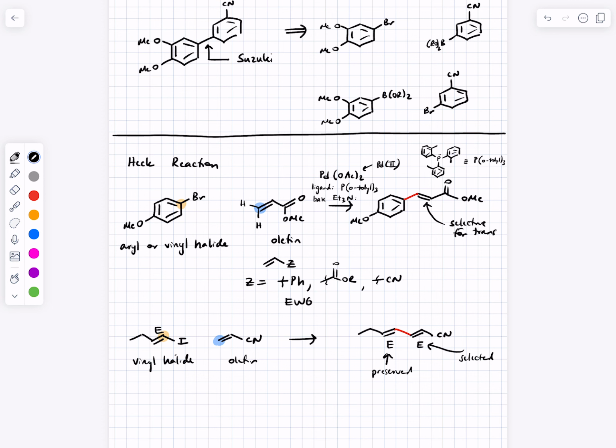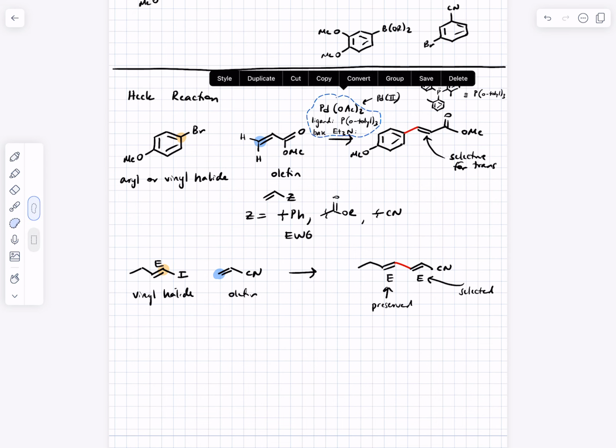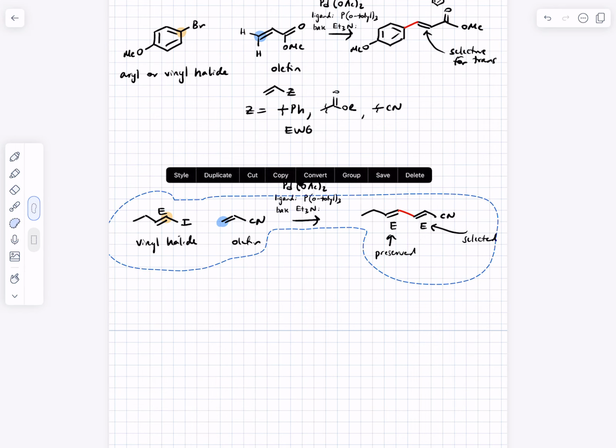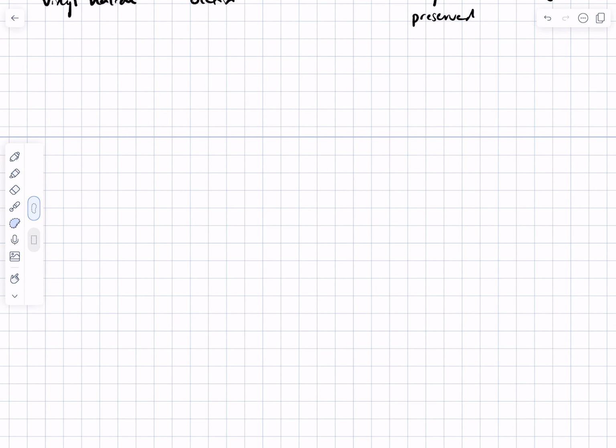Okay, so let's do a few, and those are the so-called Heck conditions, which I will copy and put here. I want to do a few additional predict products questions involving the Heck reaction before we talk mechanism.